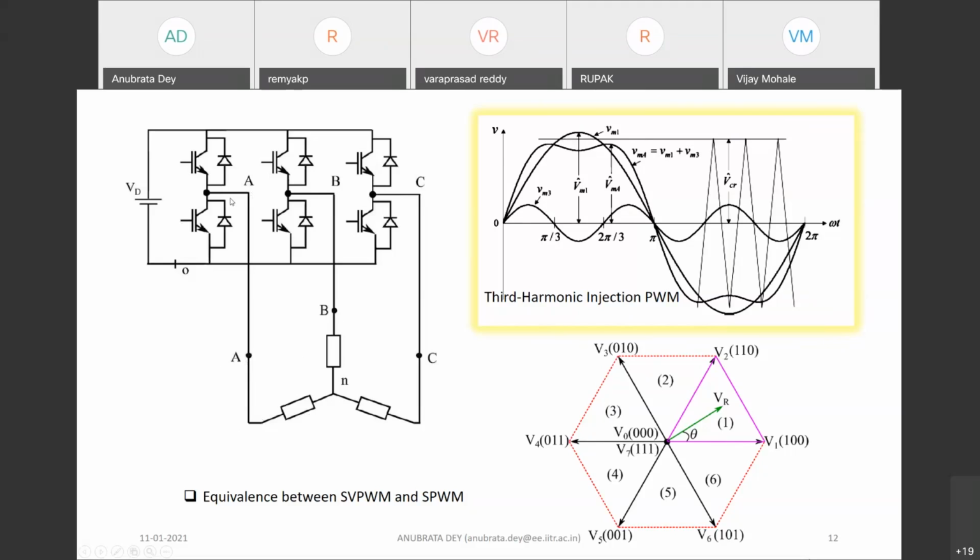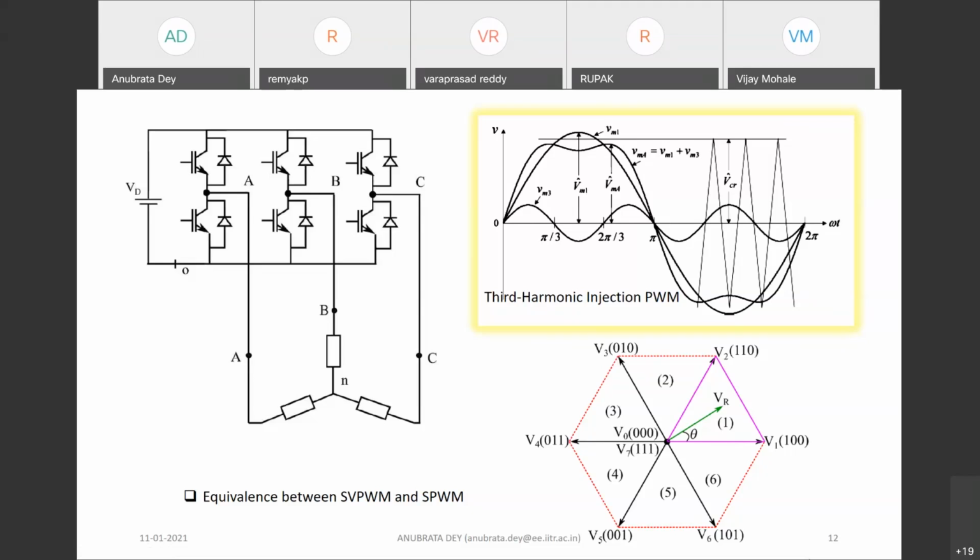The pole voltage will be like this, but your fundamental or line to line voltage will be purely sinusoidal, because no third harmonic will be present. So you can inject some amount of third harmonic and still not enter the overmodulation zone. That is called enhancement of DC link utilization.